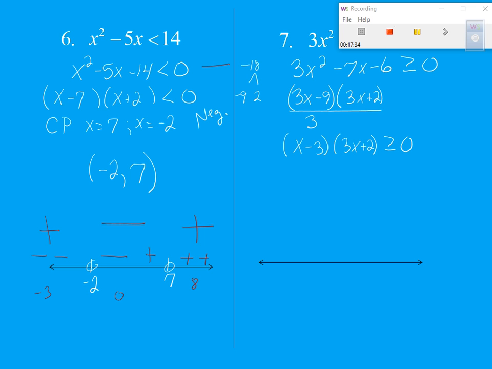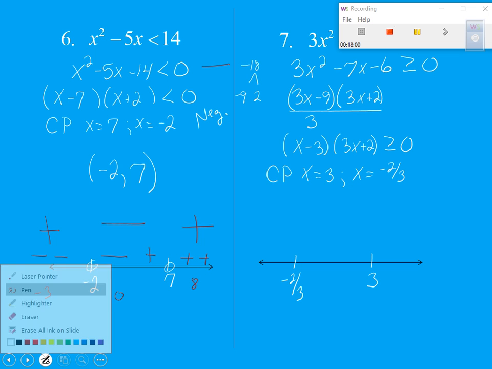So let's go grab your critical points. My critical numbers are x equals 3 and x equals negative 2/3. So 3 goes there, negative 2/3 goes there. Here comes our number line game, as I like to call it.